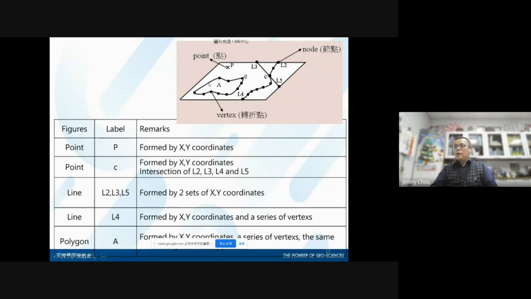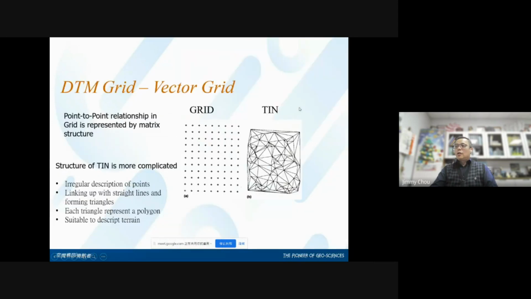The reason I know this is because of the data structure. And also another kind of data structure is the digital terrain model. So we can still count it as a vector grid, because in the real world, if we try to describe the surface, the model is always, we can use a triangle one.